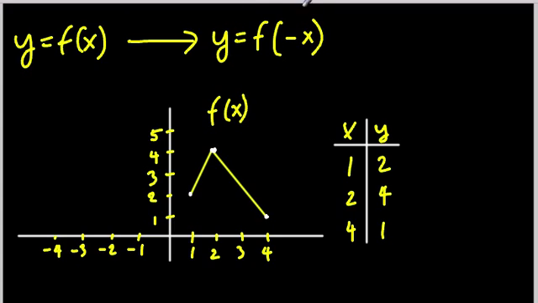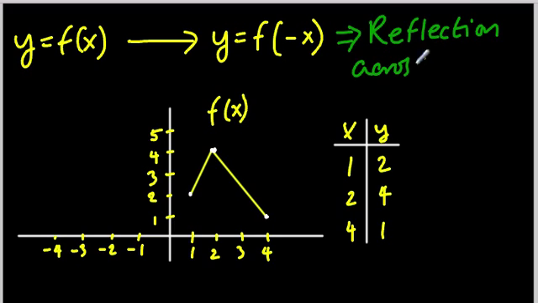The first thing to do is you should always write a description of what exactly is happening from here to here. And obviously, since the negative's on the inside, there's a reflection across the y-axis, as we mentioned before. So in other words, we're reflecting across this way. If we're reflecting across the y-axis, remember, it's changing the x's.